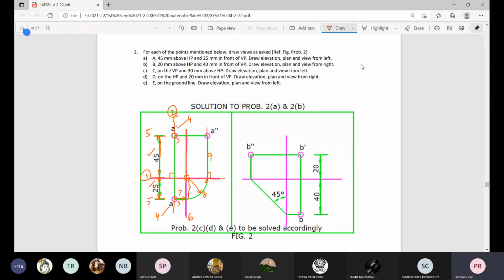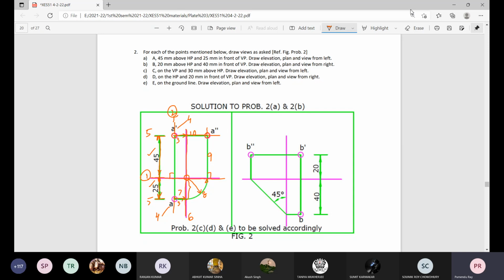We do not know exactly that level, the height. Step 10 will be to draw a horizontal line passing through this elevation and get this point of intersection.